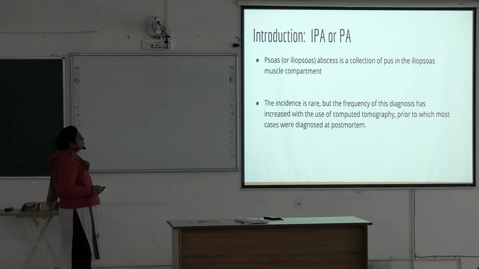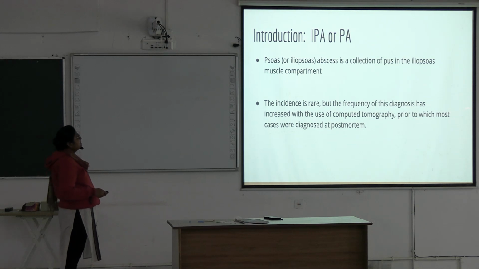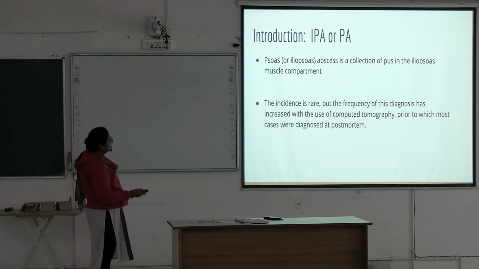So psoas or iliopsoas abscess is a collection of pus in the iliopsoas muscle compartment. The incidence is rare, but the frequency of its diagnosis has increased with the use of computed tomography scanning, CT scan, prior to which most cases were diagnosed at post-mortem. Okay, it was not diagnosed previously.